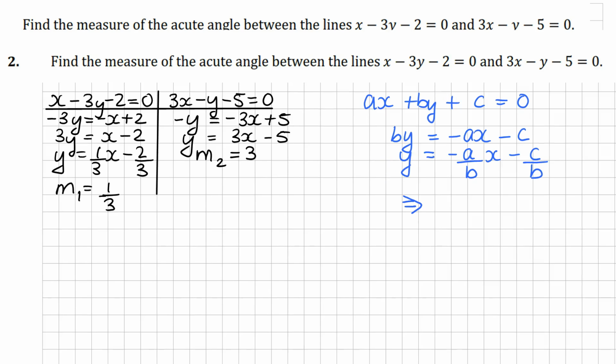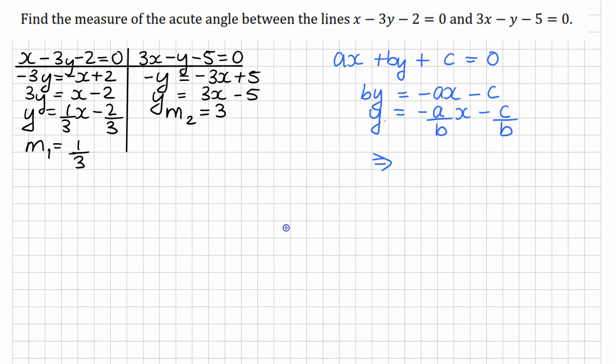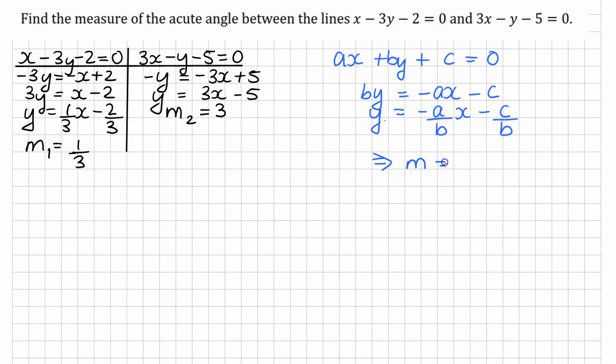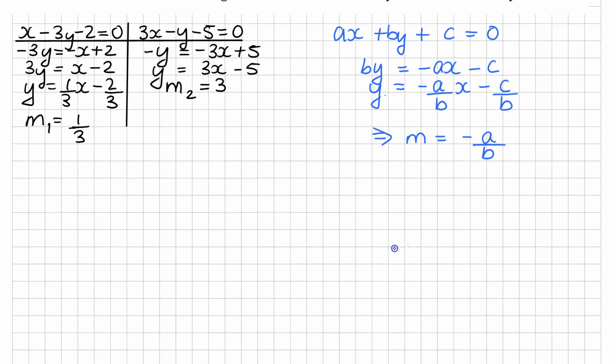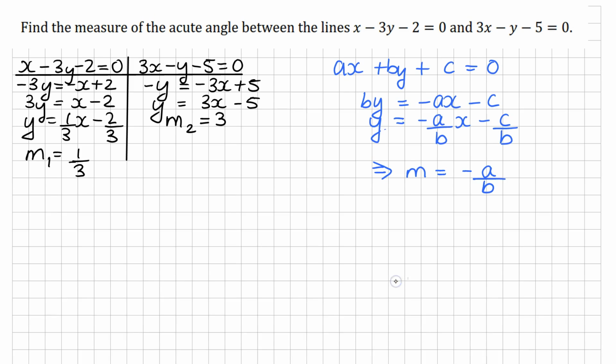So the slope of any line like this is actually equal to minus a over b. So this is the x coefficient on top, and this is the y coefficient on the bottom.